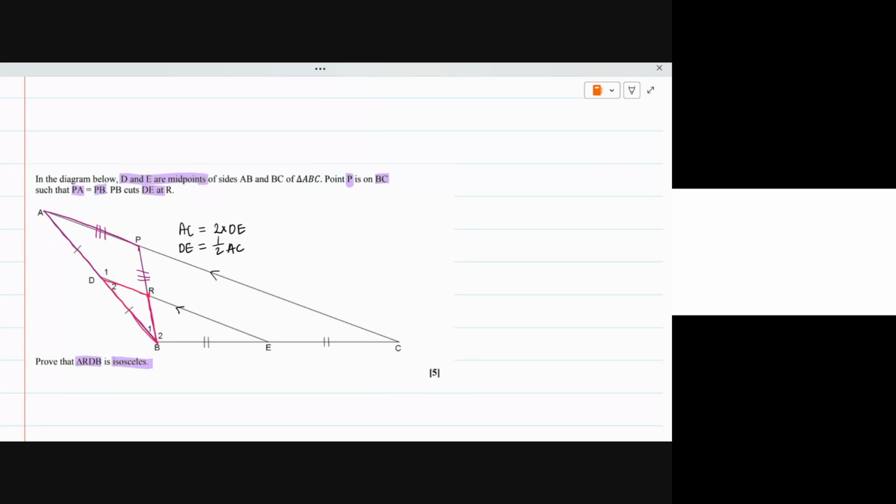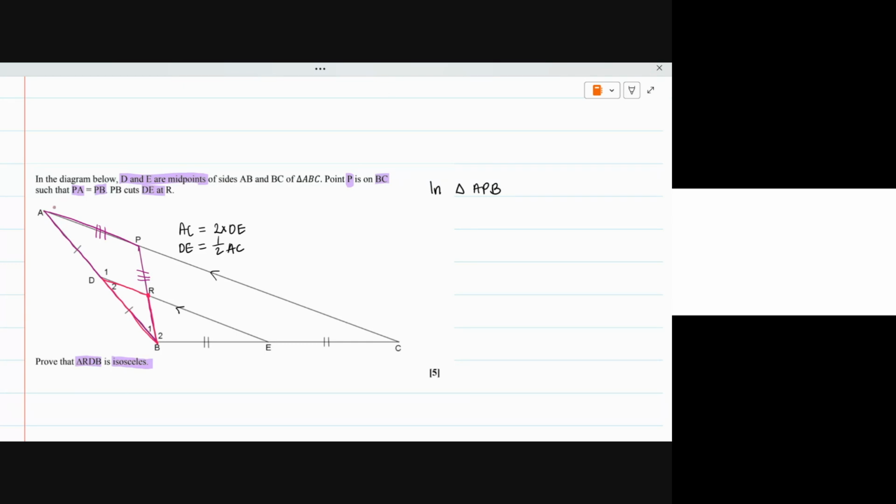Let's start with what we know. The first thing we know is that triangle APB is isosceles. Thumbs up, are we all in agreement? Is everyone with me there? Good. So my first statement is that we are in triangle APB.